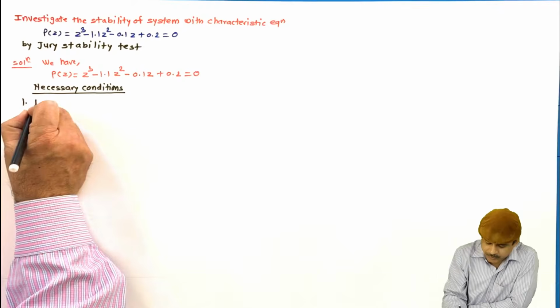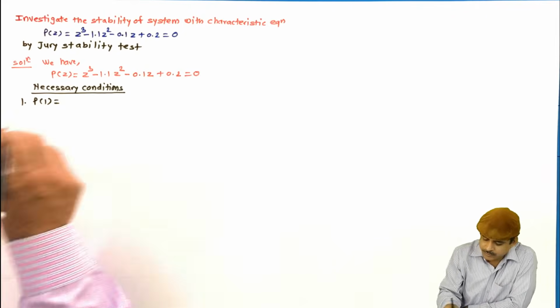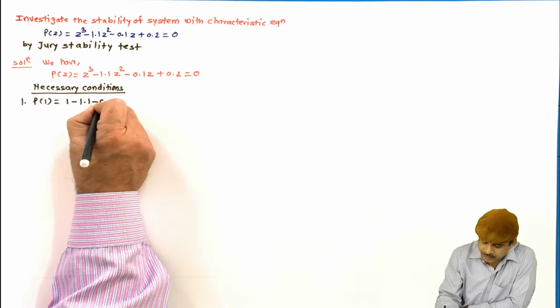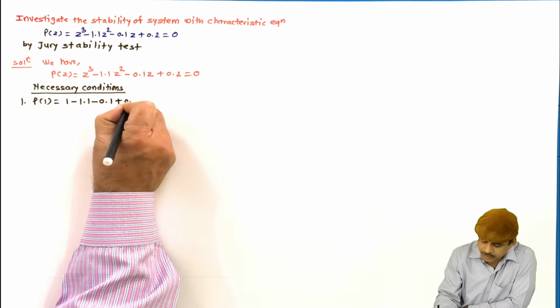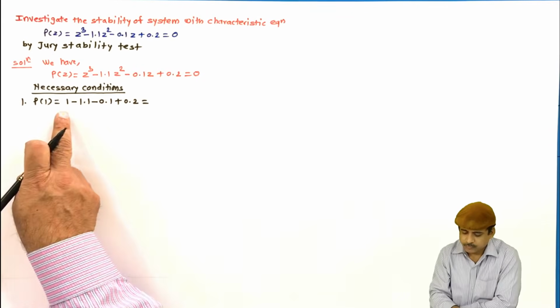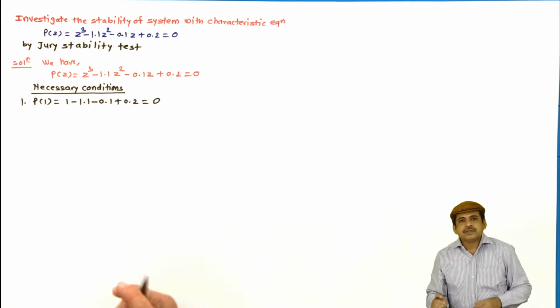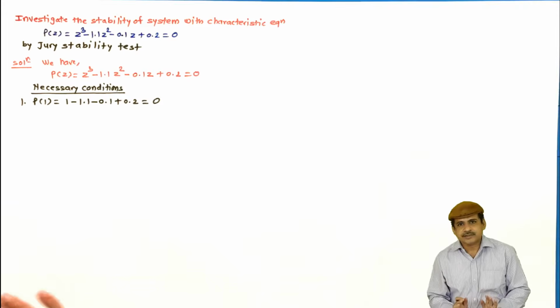The first one, we have to find P(1). What is P(1)? This is 1 - 1.1 - 0.1 + 0.2, so it is equal to 1.2 - 1.2. So it is 0. So it is neither greater than 0 nor less than 0.